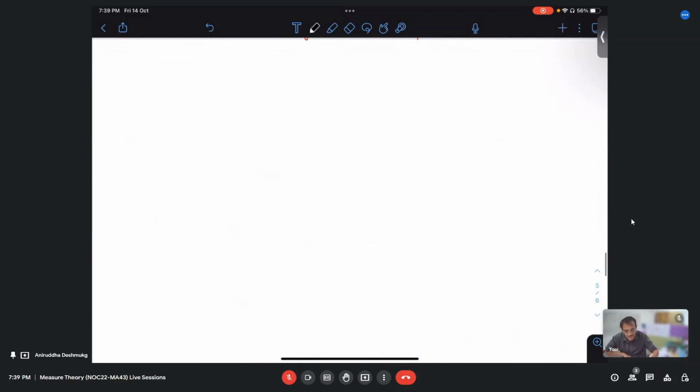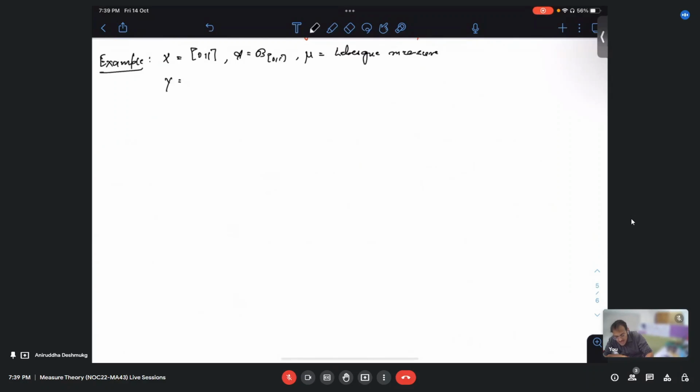Let's look at an example. So again here, the space X is 0, 1. The sigma algebra is the Borel sigma algebra of 0, 1. The measure is the Lebesgue measure. The other space is Y, 1 to infinity.